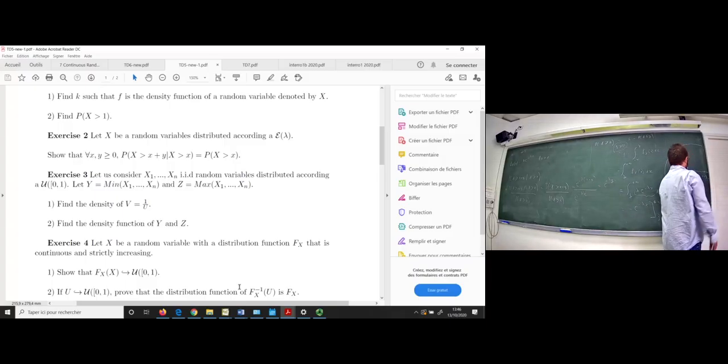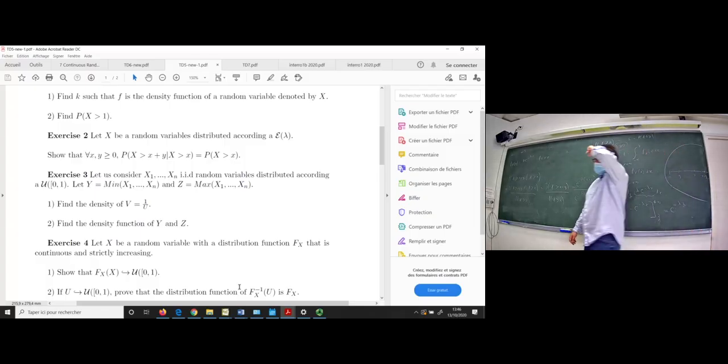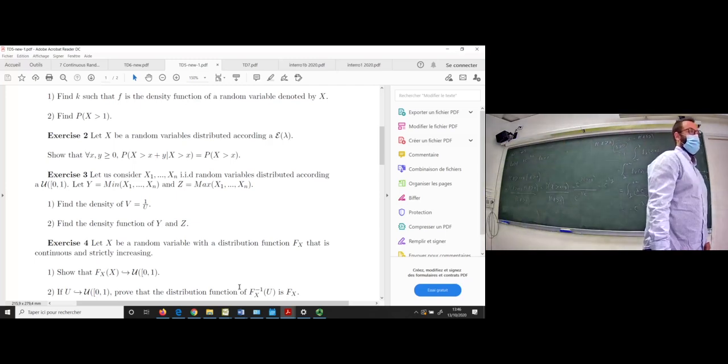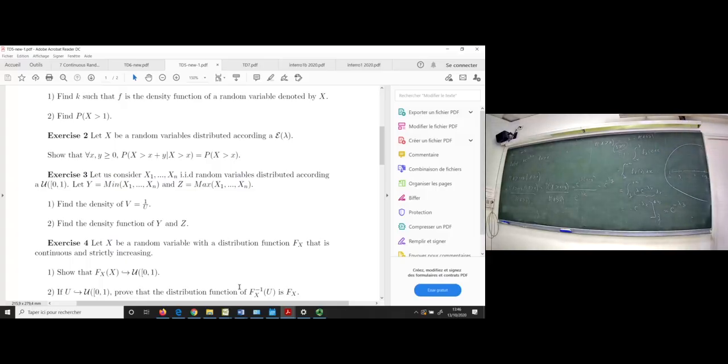Imagine that x is the number of miles you are able to drive your car without any technical problems. Let's take, I don't know, y equal 1,000 miles and x equal 10,000 miles.